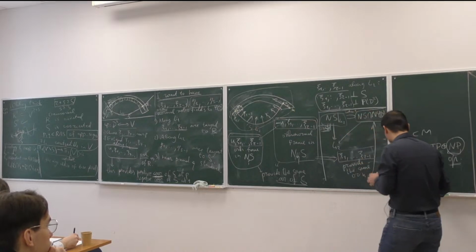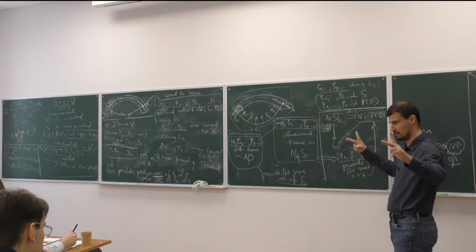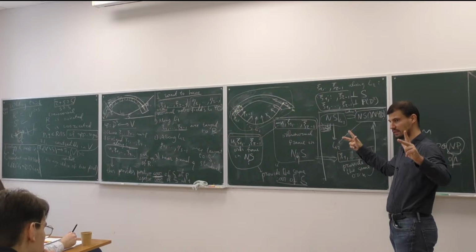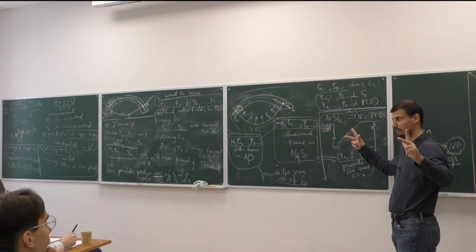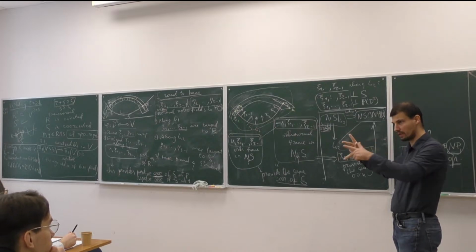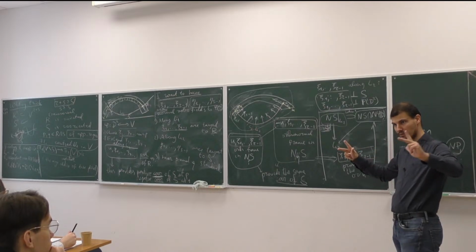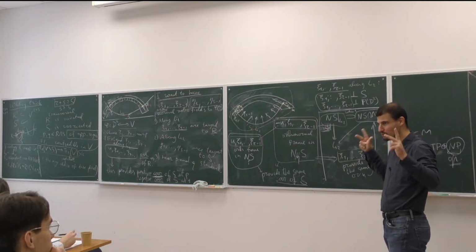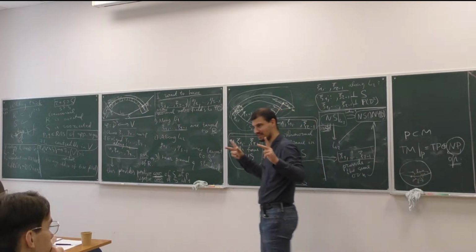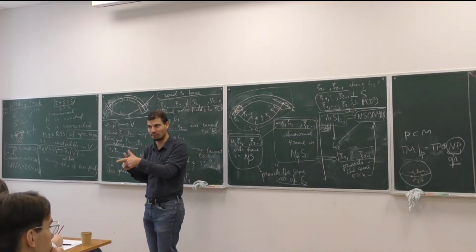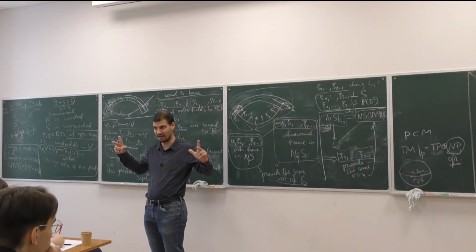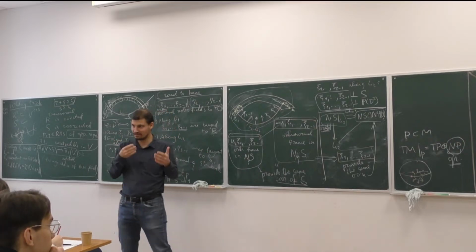And this is exactly the condition: when two frames at the endpoints of a segment provide the same orientation of some bundle, then they can be extended. So if we have two frames with the same orientation, then we can continuously deform one of them to another. If they have opposite orientations, then we cannot.